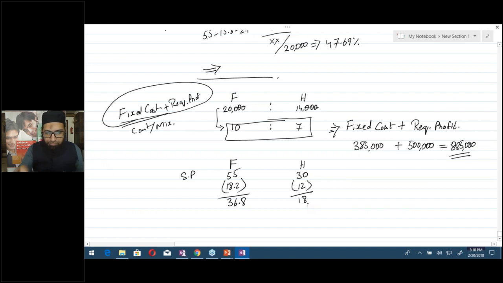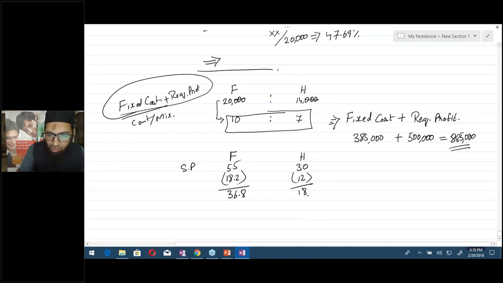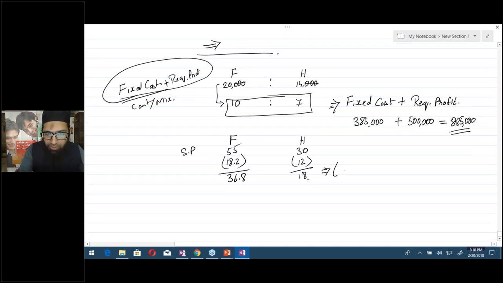Now the contribution per mix will be 10 into 36.8 plus 7 into 18. The answer is 494.